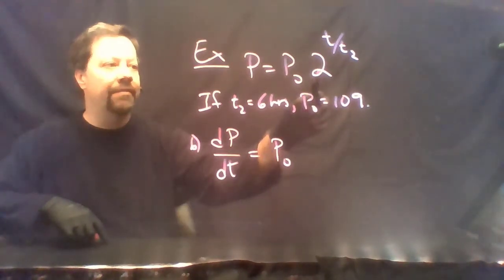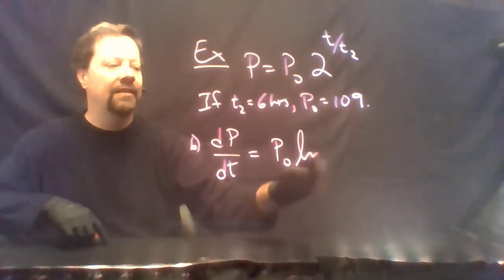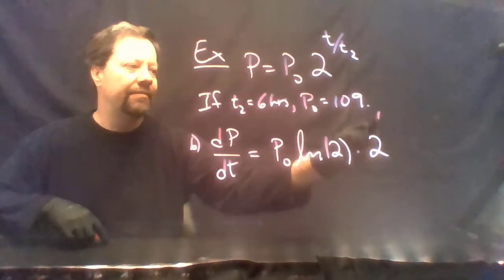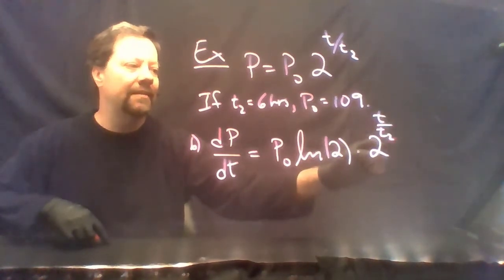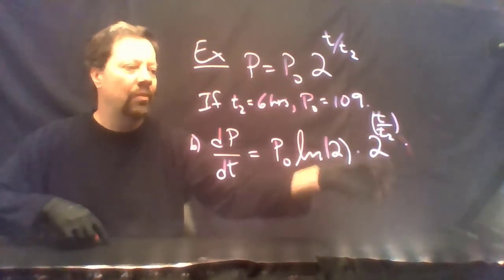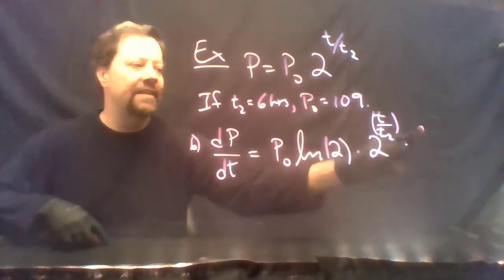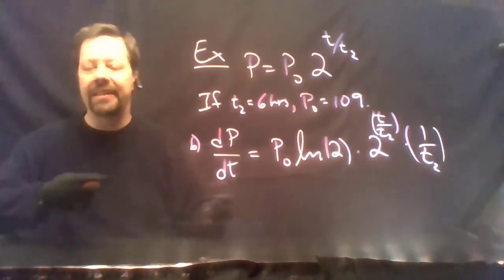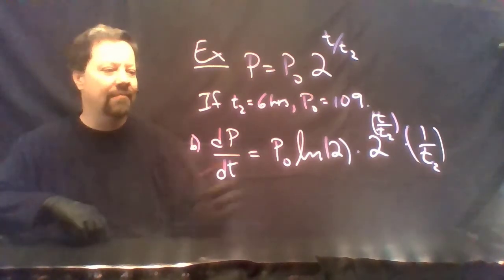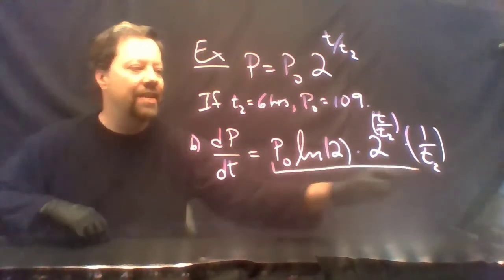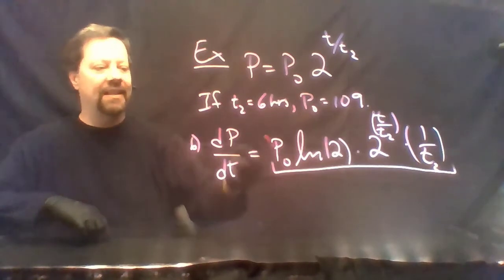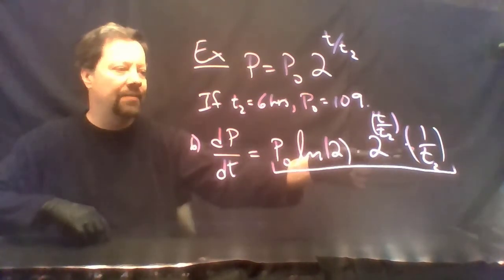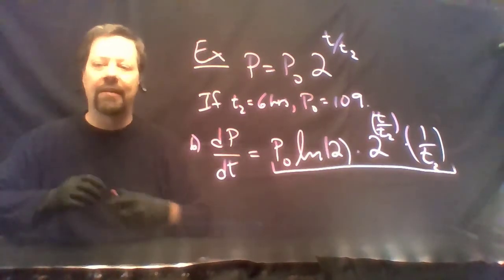The derivative of 2 to the power of is the natural log of 2 times 2 to the power of t divided by t2, but we need to multiply by the derivative of the inside, and that's 1 divided by t2, because the derivative of t is just 1. So the rate of change of population will be the initial population size times the natural log of 2 times 1 over t2 times 2 to the power of t over t2.